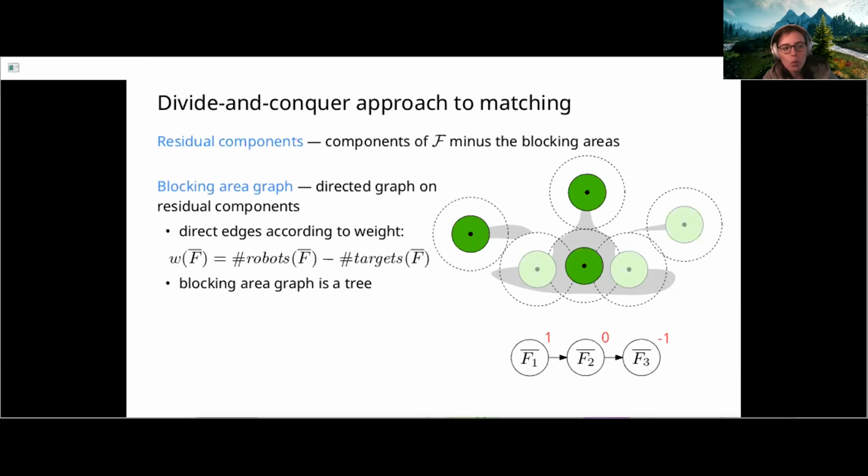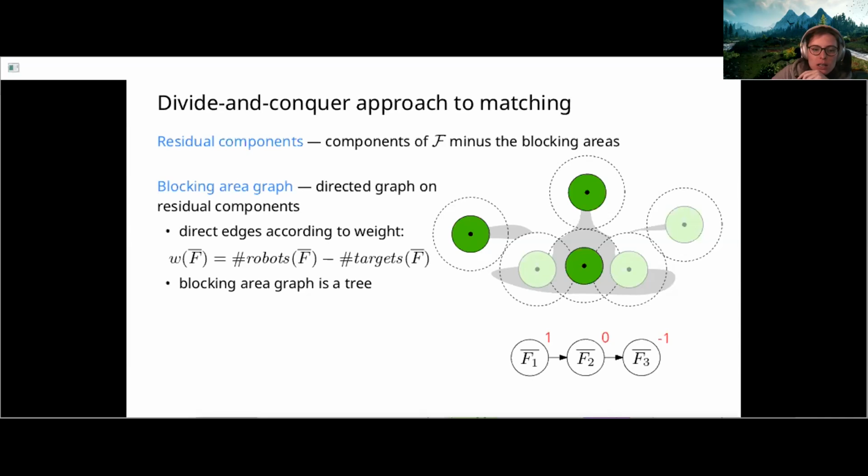It has one start position and 0 target positions. So the weight of this component is 1. In the middle, we have 2 start and 2 target locations. So the total weight is 0. And on the right-hand side, the weight is -1. So the edges will be directed from higher value to the lower value.